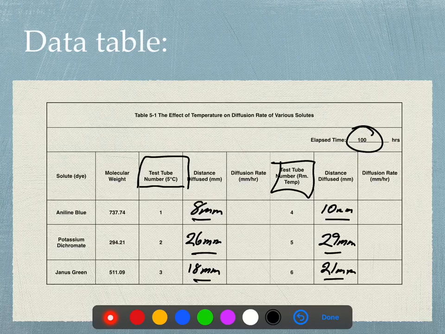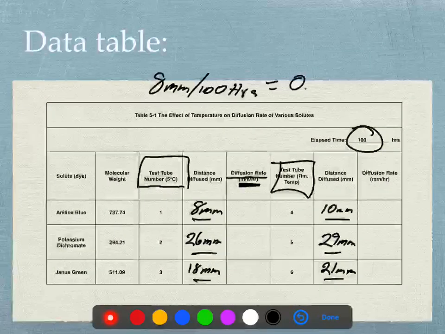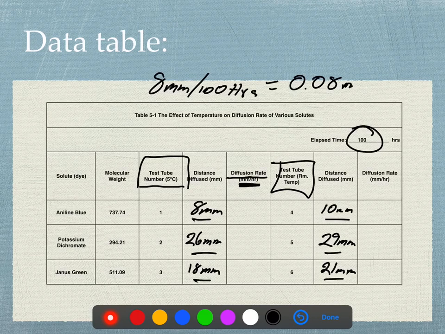So what I'd like for you to do is take the distance that each one of these traveled and divide it by 100 hours. What that's going to do is give us the diffusion rate in millimeters per hour. So for example, if you take 8 millimeters and you divide that by 100 hours, it's going to give you millimeters per hour. In this case, it's 0.08 millimeters per hour.